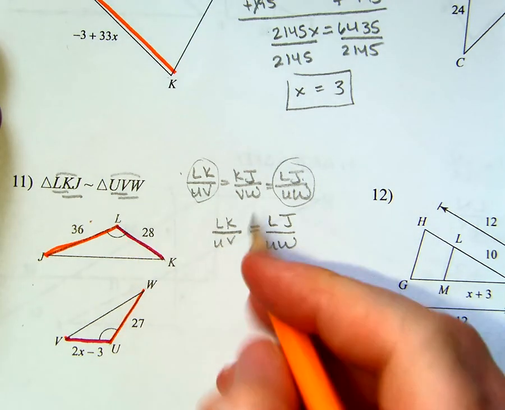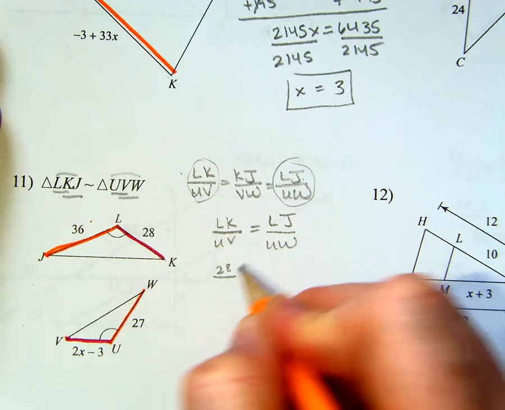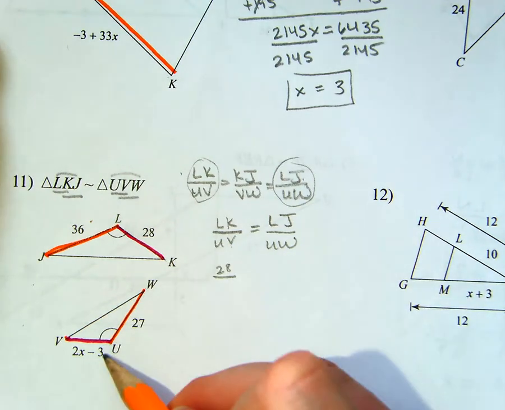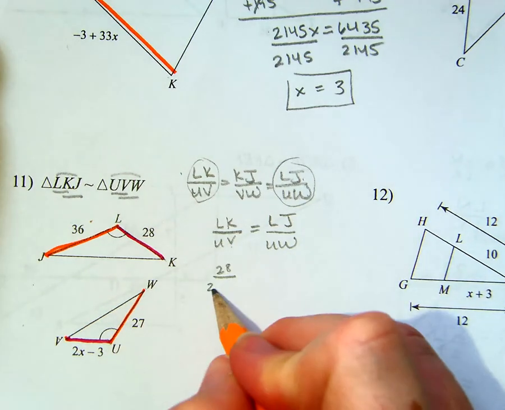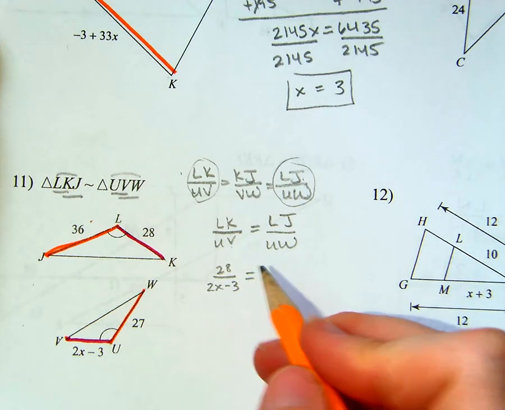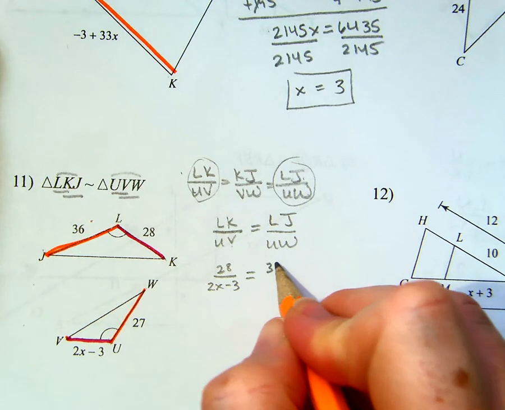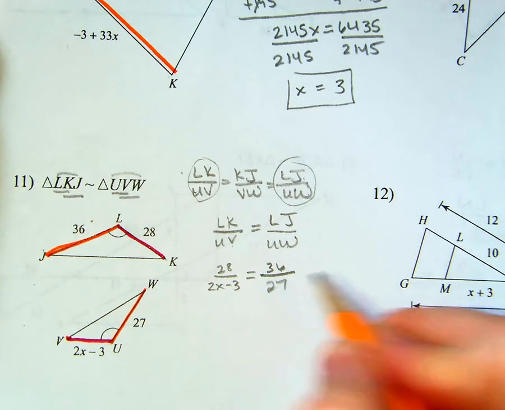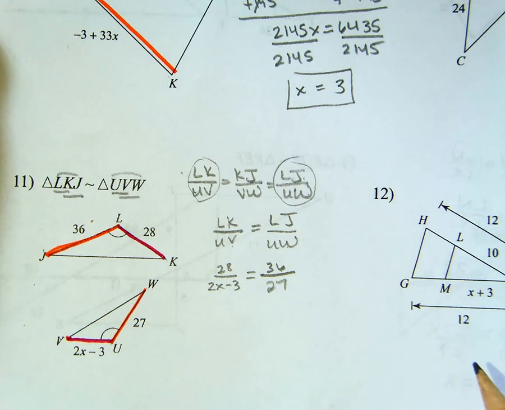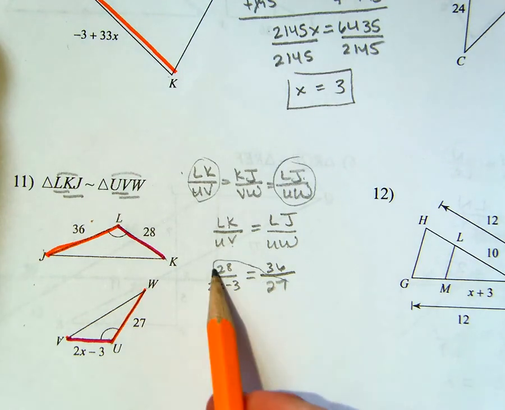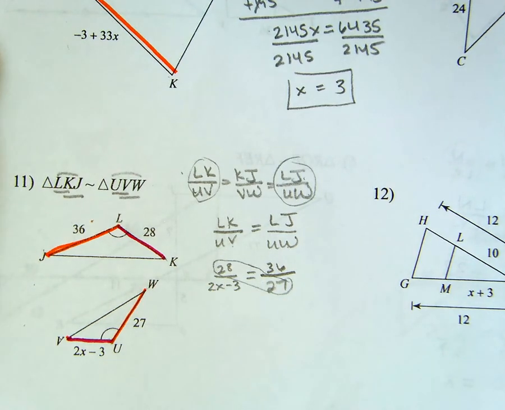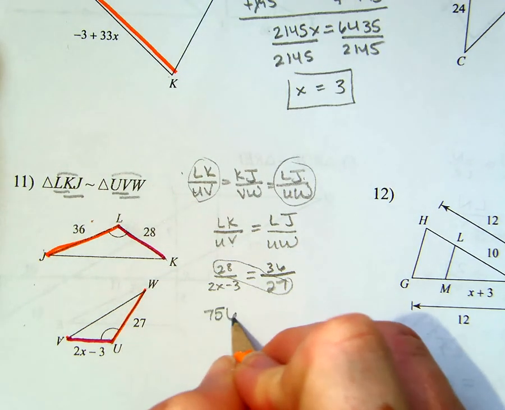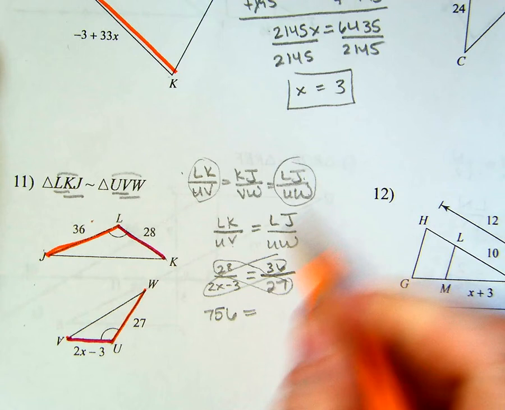LK is 28. UV is 2x minus 3. LJ is 36. And UW is 27. And then we're just going to solve. So my extremes first, 28 times 27 is 756, times my means.